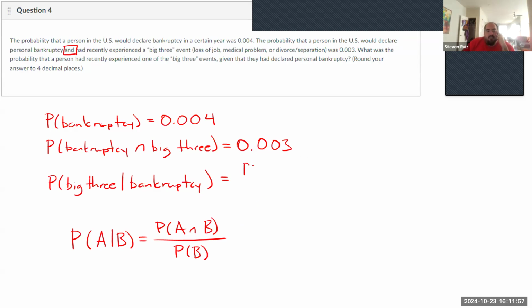It equals the probability of bankruptcy intersect big three, divided by the probability of bankruptcy.